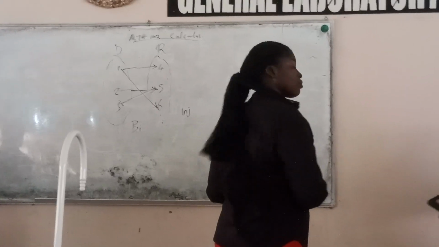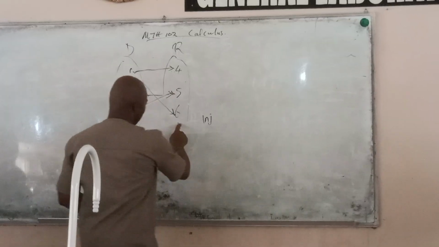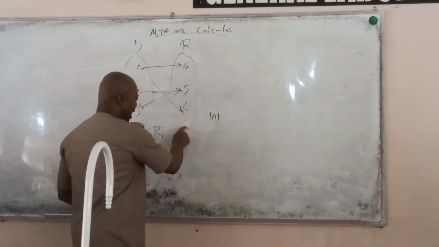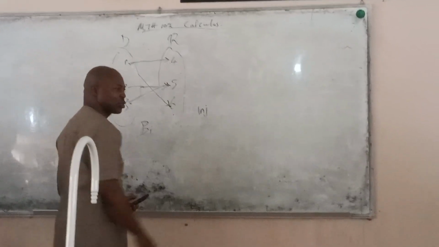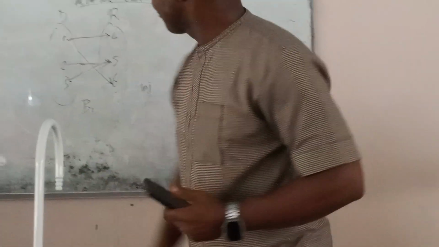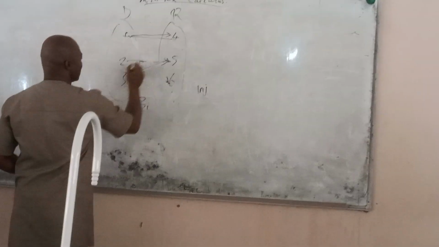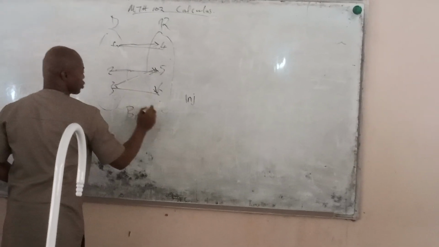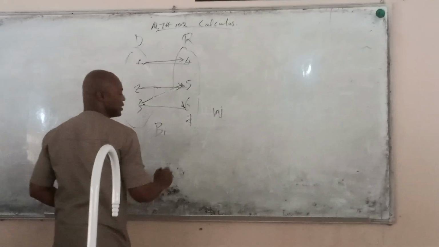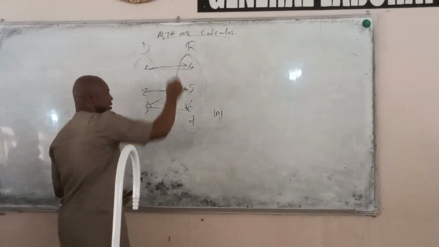Now, what of in a case where all of them are mapped out once, but we are having an extra term here? Is that still a surjective relation? Assuming this one is coming here, this one is coming here, this one is coming here, but we have another one, say D, that is not mapped. Now, if we say this is surjective, are we correct?